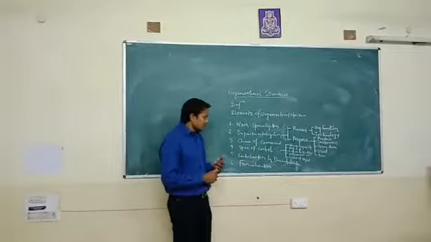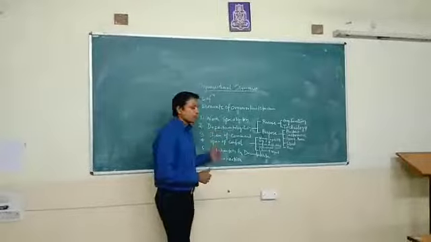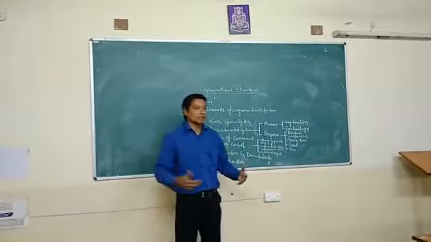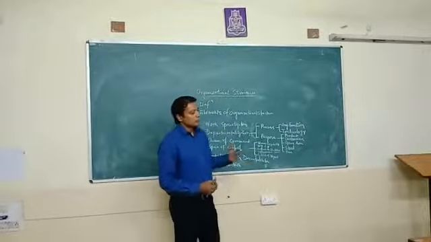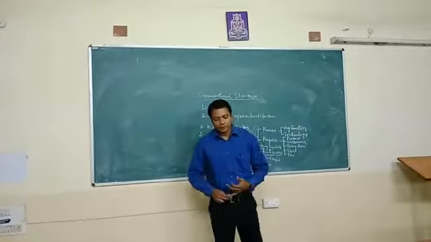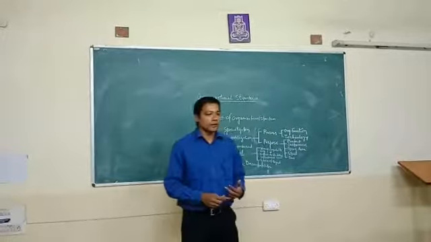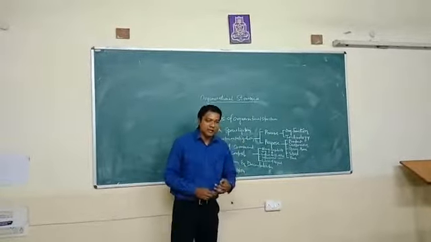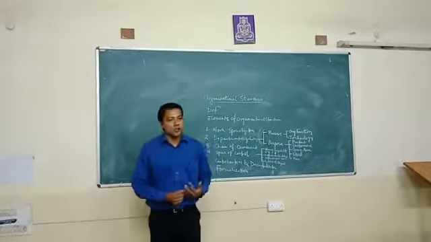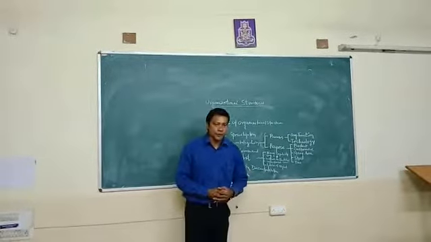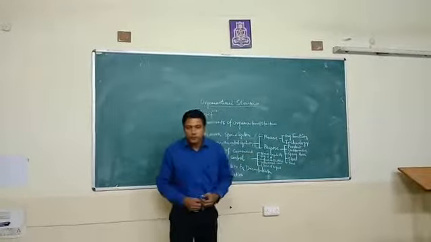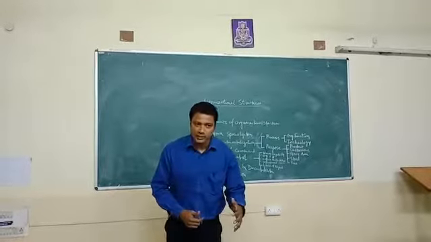Another aspect is that the span of control also decides how tall or how flat the organization is. If the span of control is too narrow, the organizational structure becomes taller and taller. If the structure is tall, many layers of managerial personnel are required, which adds to the cost of the organization.